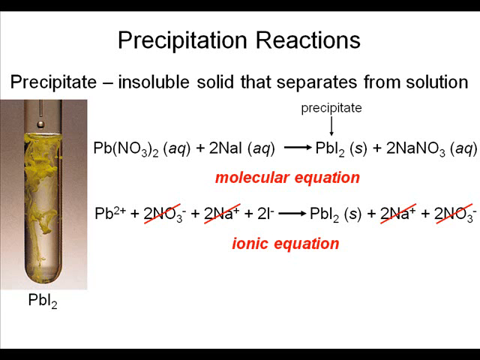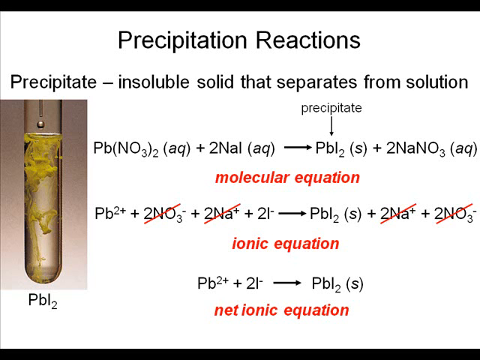That's correct. So you can actually cancel those out. And that will give you just what we saw before. This is known as the net ionic equation, where you list only the ions and the results that are participating in the precipitate reaction. This is the precipitate reaction because this is where the solid forms.